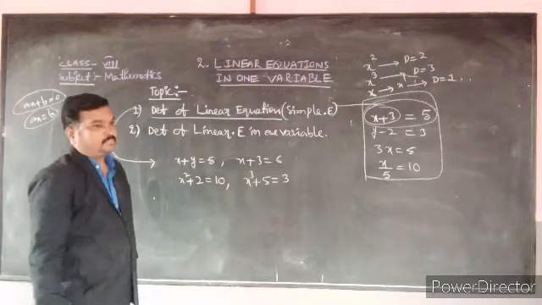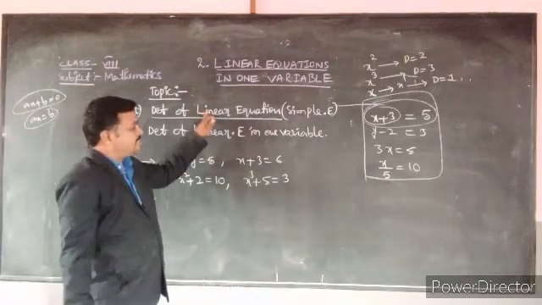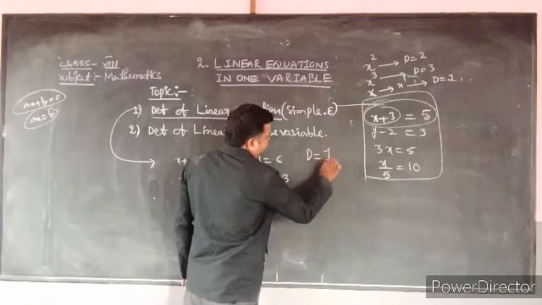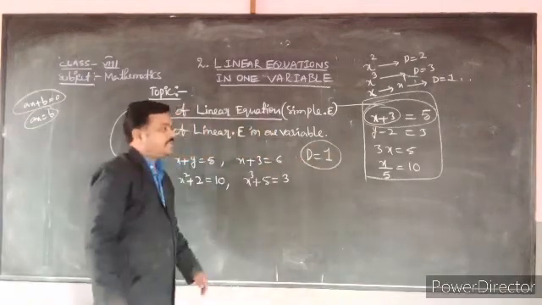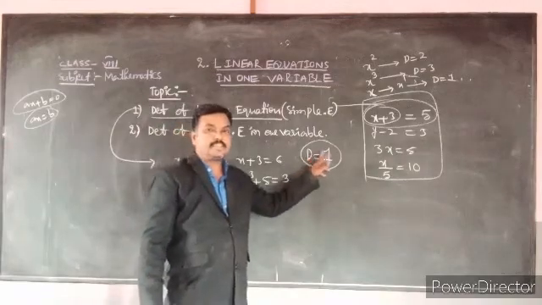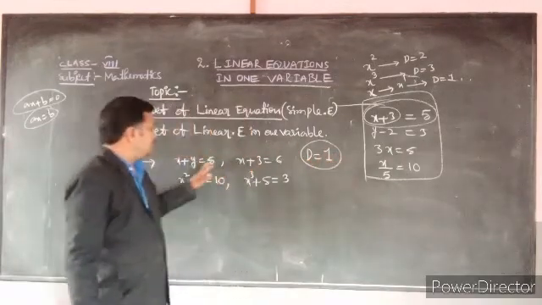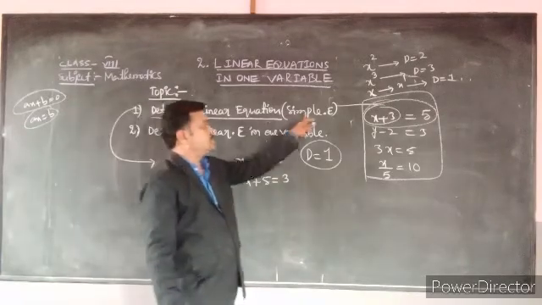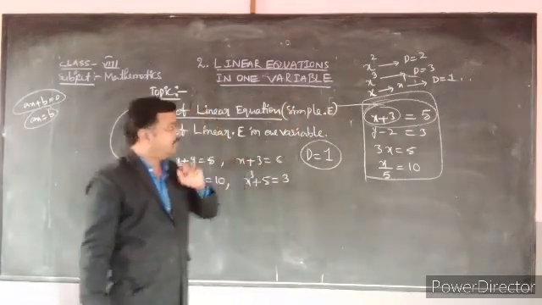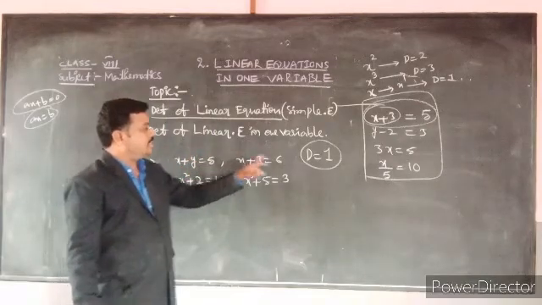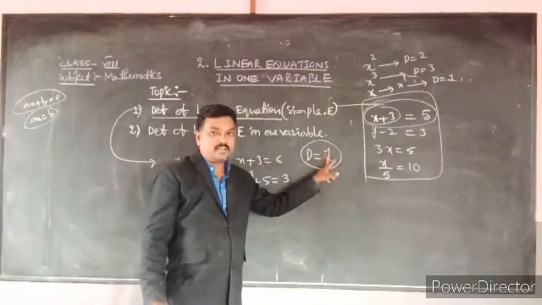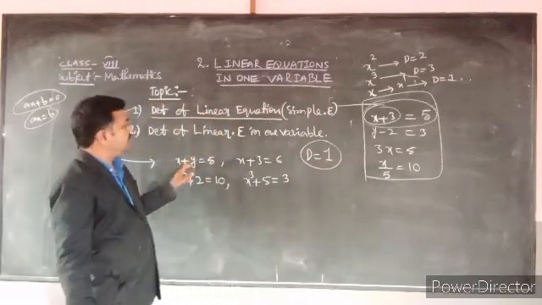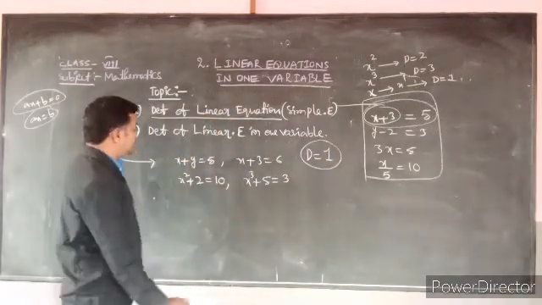In an equation, if the highest degree is 1, that is called a linear equation or simple equation. In an equation, only the highest degree is 1. That is called a linear equation or simple equation.